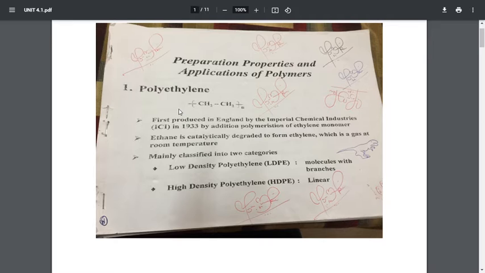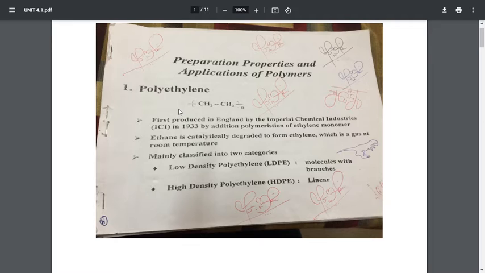So you take an ethylene monomer, you polymerize it, then rapid addition of the monomers gives you the polymer. Addition polymerization is the process of repeated addition of monomers that possess double or triple bonds to form polymers.